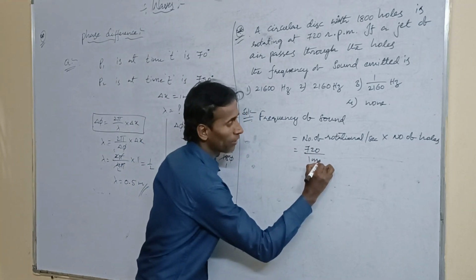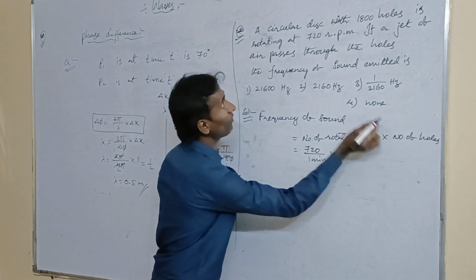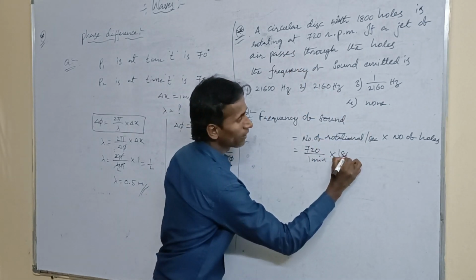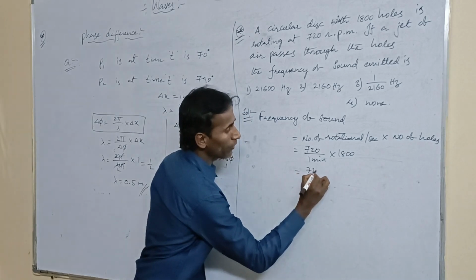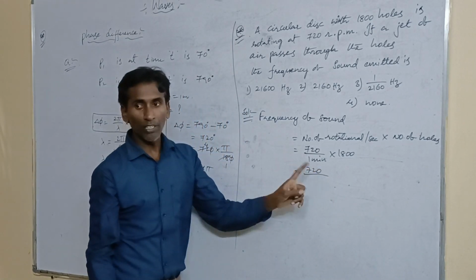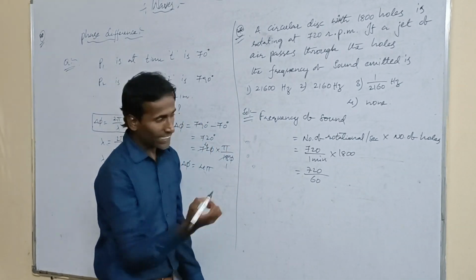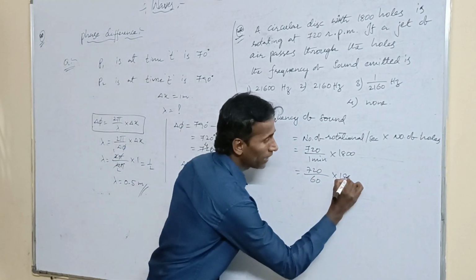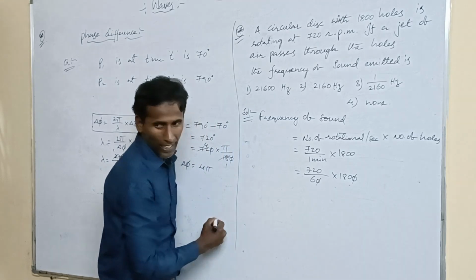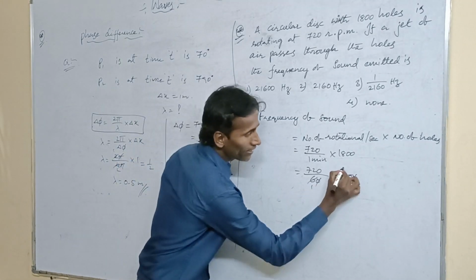That one also I'm writing. 1 minute, into the number of holes, which is 1800. Then again 720 by 1 minute; 1 minute equals 60 seconds. So 720 by 60 seconds into 1800. The zeros cancel. Now 6 1 the 6, 30.